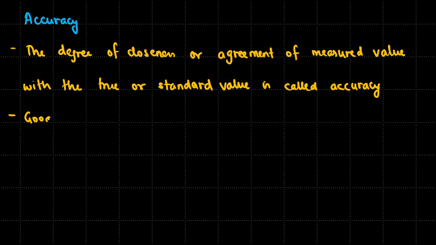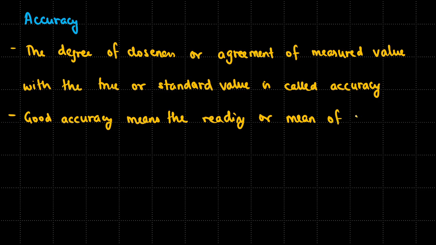Good accuracy means the reading, or mean of a set of readings, is very close to the true value.